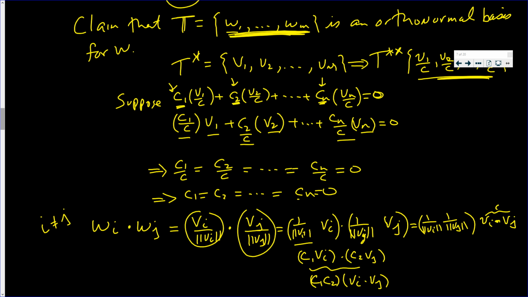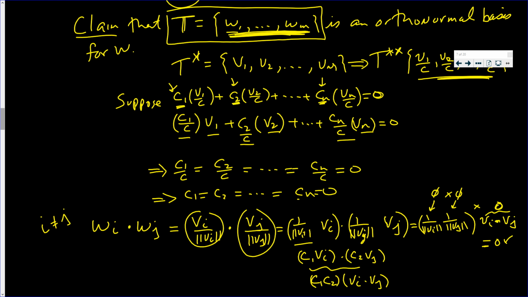That's 0. And this fraction is a non-zero real number, and this fraction is a non-zero real number. And when I multiply those non-zero numbers with the number 0, I get 0. So I proved it. I proved my claim. This set T is orthonormal.